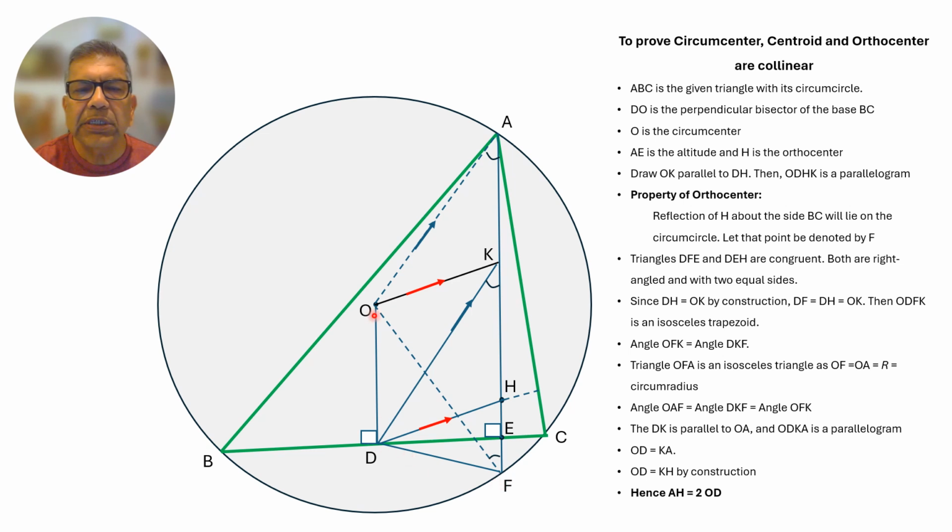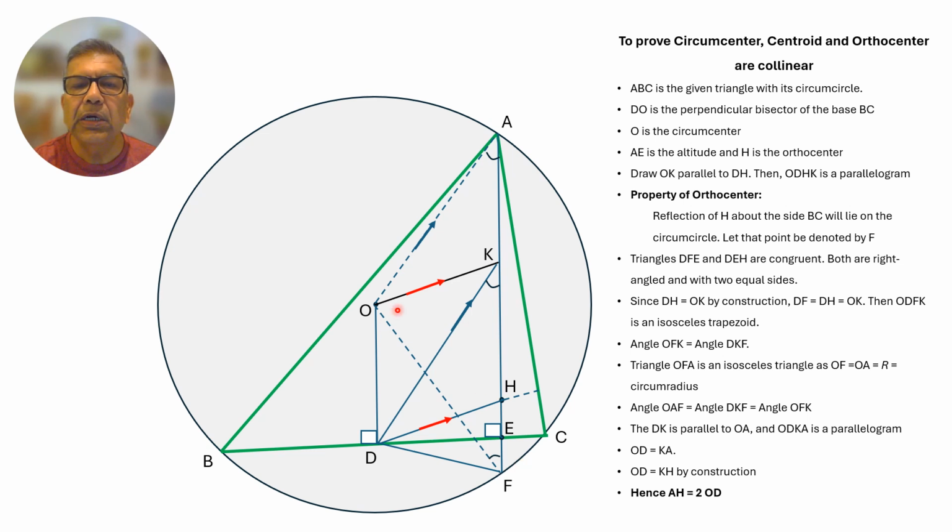But since this is a parallelogram, we know DH is also equal to OK. That means OK is equal to DF. That means ODFK is an isosceles trapezoid. The two sides of the trapezoid are equal.